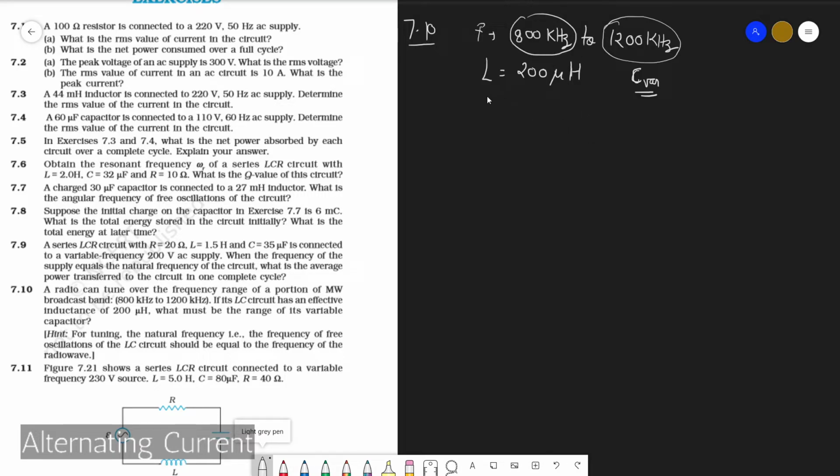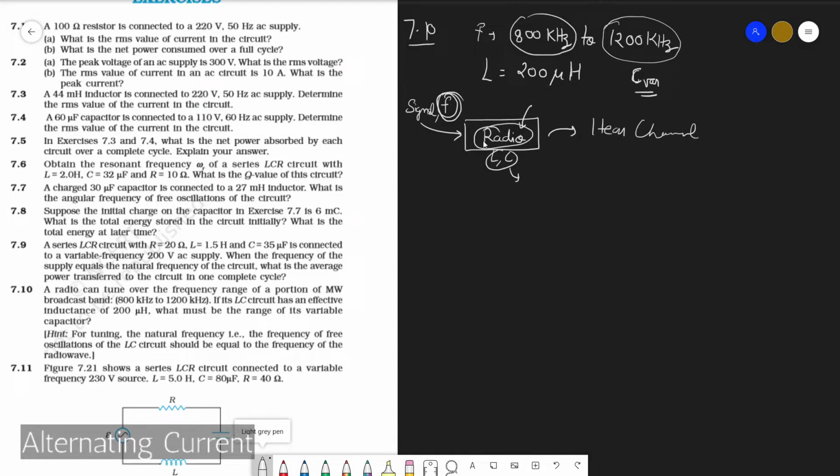For tuning a channel, whatever signal frequency is coming to the radio, suppose f, the natural frequency of the L and C parts in this radio must be matched to it, and only then will you hear the channel.